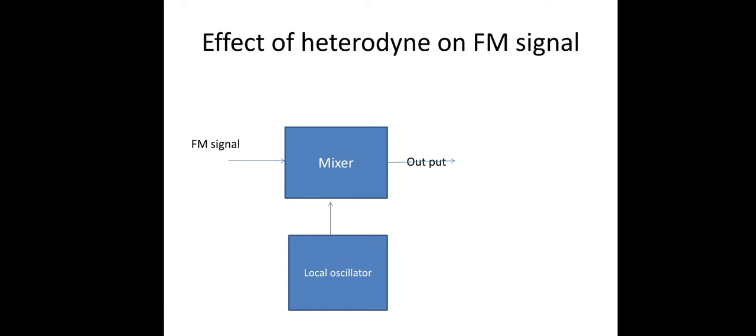Frequency multiplication and heterodyne mixing are very commonly used in FM transmitters, and they are important in frequency modulation systems. This is the block diagram of heterodyne FM signals. The input is the frequency modulated signal. This is the mixer stage and local oscillator.